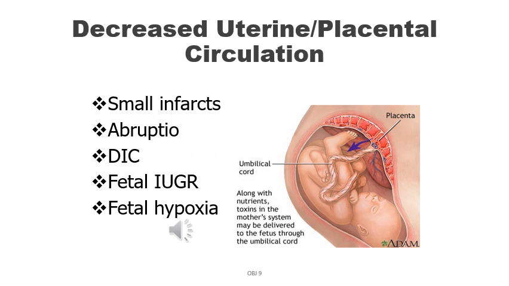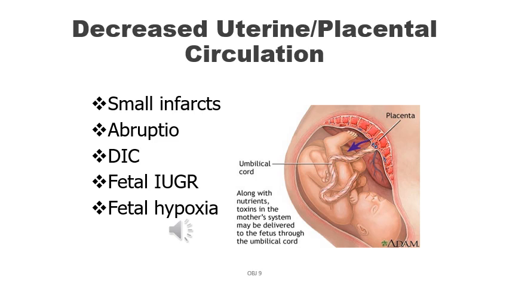Alright, so next we're going to talk about decreased uteroplacental circulation in relationship to preeclampsia. You know with preeclampsia there's a lot of vasoconstriction, and that results in decreased uteroplacental circulation, right? We've talked about it. I've drilled that into your head, that's not a good thing, okay?